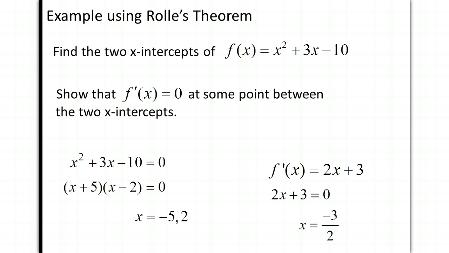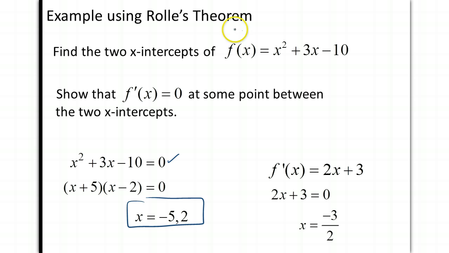So let's go back and take a look at this. So here's my function right here, and I set it equal to 0, and I found my two x-intercepts. And at these two x-intercepts, the y values are the same. They're equal to 0.